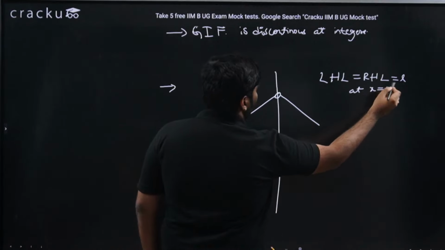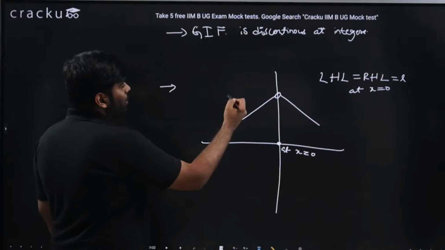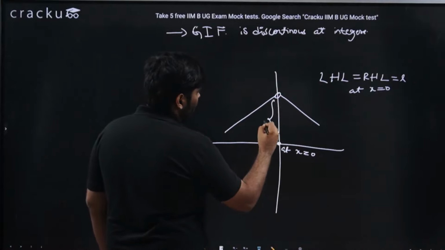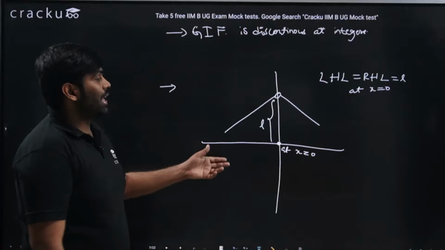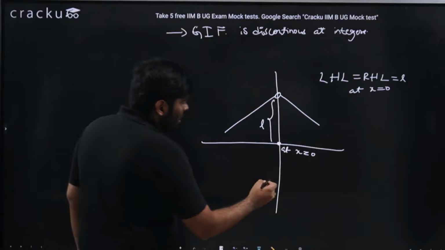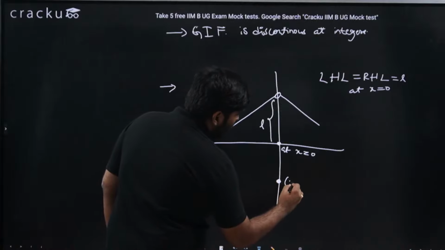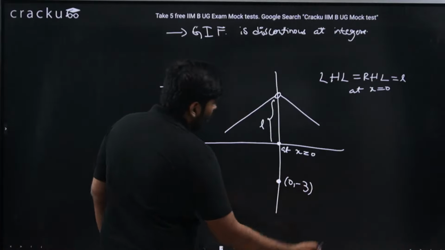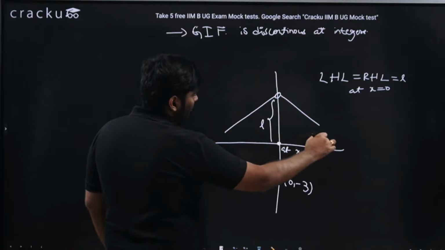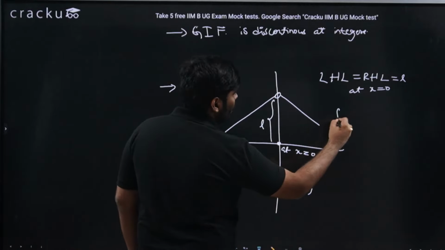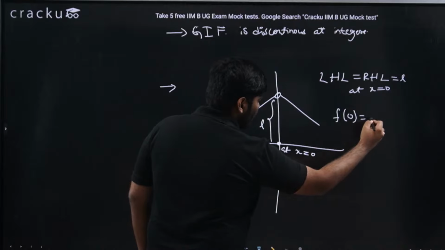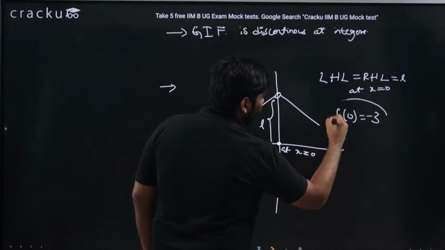We have seen this is happening, but f of 0 is not equal to L. That is, this value is L, the limit L. But we have said that that value is not there. Let's say at x equal to 0, this graph also contains a point which is (0, minus 3). That is, f of x is this graph for all x except at 0. That is, f of 0 is defined. 0 is in the domain and the y value is minus 3.